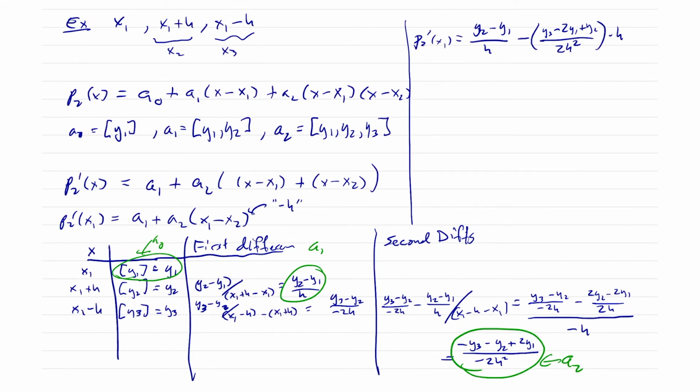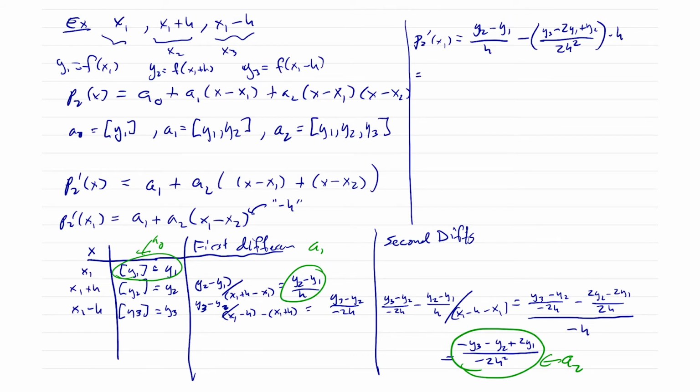And now if I start filling in y2 and y1, well, y2 corresponds to this guy, and so that's going to give us f of x1 plus h, and then y3 is going to be f of x1 minus h, and then y1 is equal to f of x1. So we're going to start plugging that stuff in, and so what do we get?